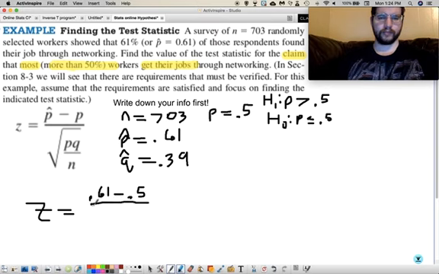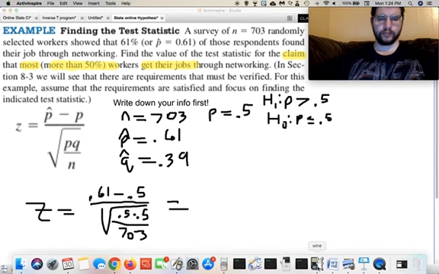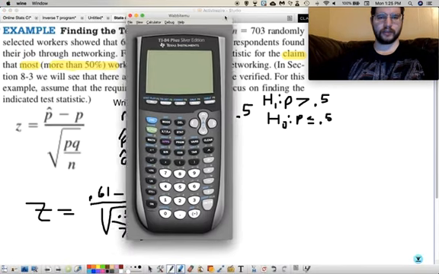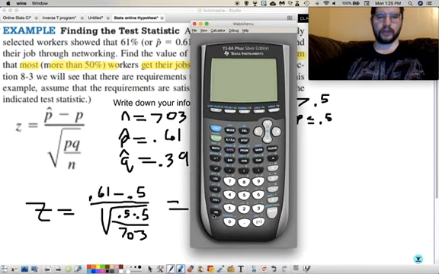Okay, plug it in there. p times q. Again, p is 0.5. That means q would be 0.5. And if we plug all that in, whichever calculator you like, same old, same old. I'll use the TI because it's a little more complicated to type in. Numerator in parentheses.